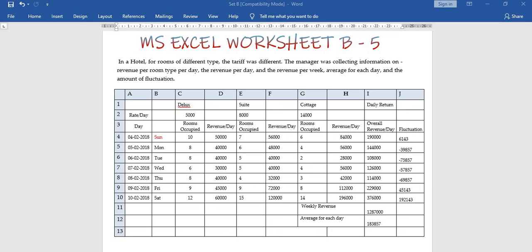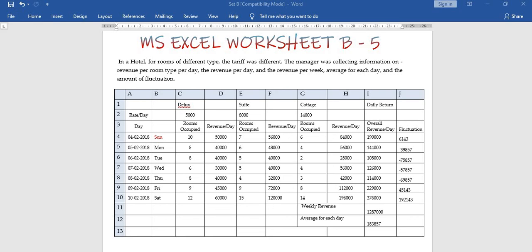Now this was also quite similar to what was done in the set A questions. There were 5 questions in set A. Now from there, an upgradation part has been implemented. So this worksheet number 5 of set B is based on a hotel. Okay.